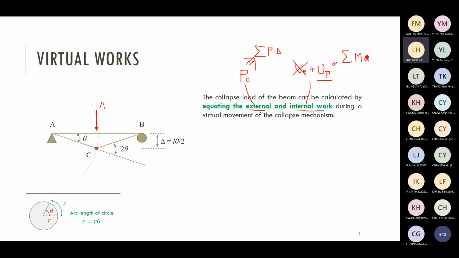That is what we learn in physics. Work done depends on the nature of the loading under consideration. So what you have to do is find the expressions for the internal work and external work, and then equate the 2 together. U_INT equals U_EXT. Actually, U_INT means U_P because we ignore the elastic component.